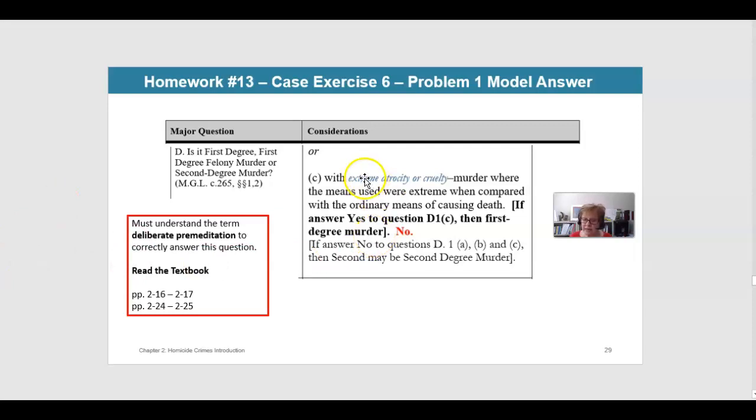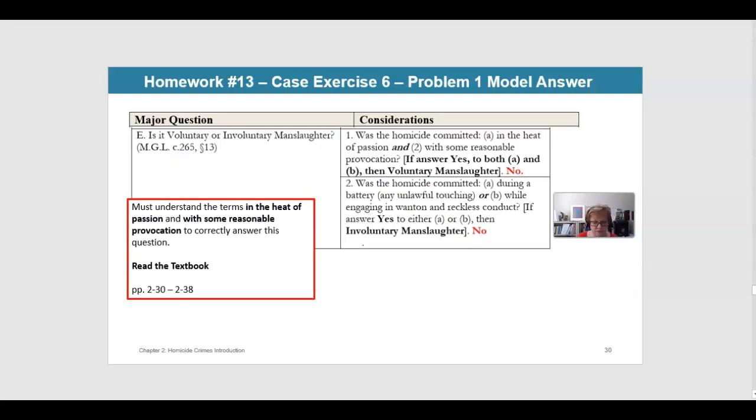There will be some cases that you will work on where extreme atrocity and cruelty may be in play, and you'll have to examine that and understand what extreme atrocity and cruelty is in order to correctly answer that question. But it's not present in the case that we have before us.